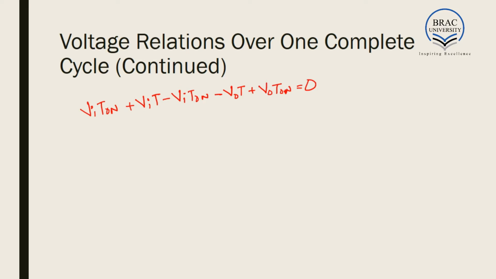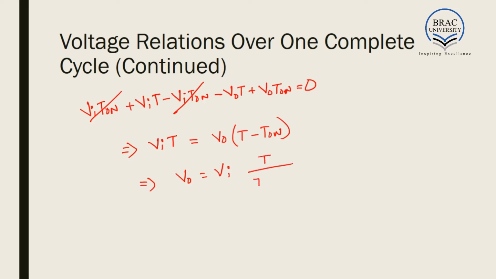From this we can see that VI t on gets cancelled, and what we find is VI T is equal to V naught into T minus t on. That is, V output is equal to V input into T divided by T minus t on.